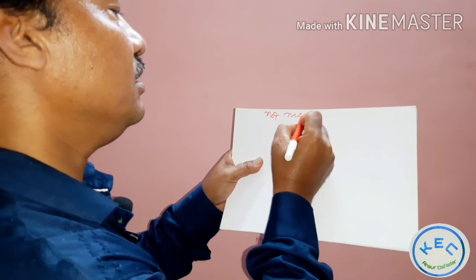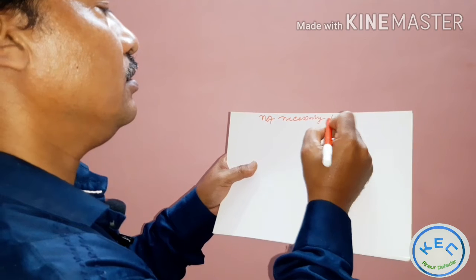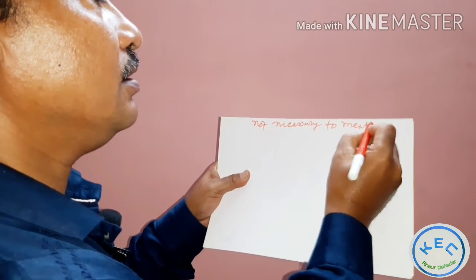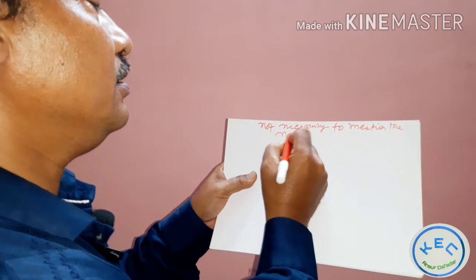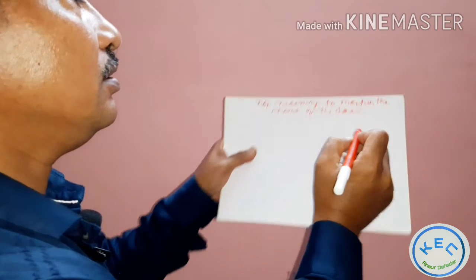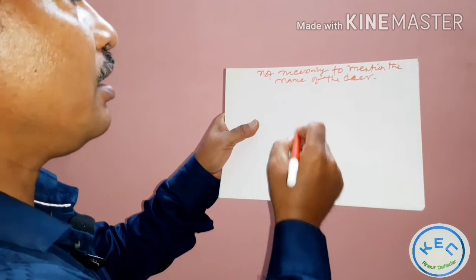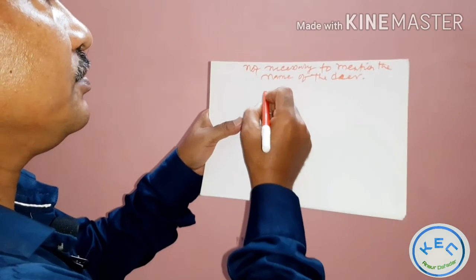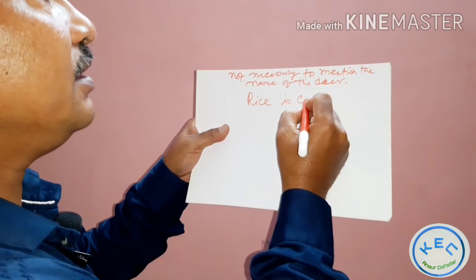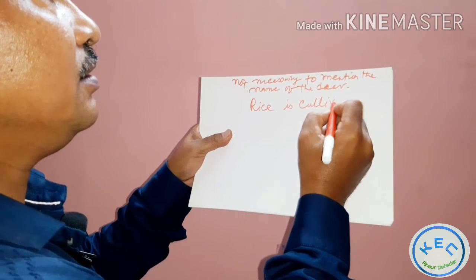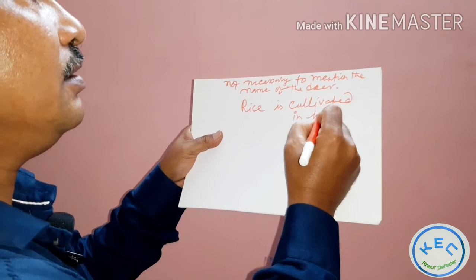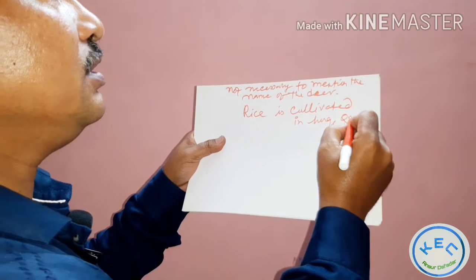As for example, rice is cultivated in huge quantity.